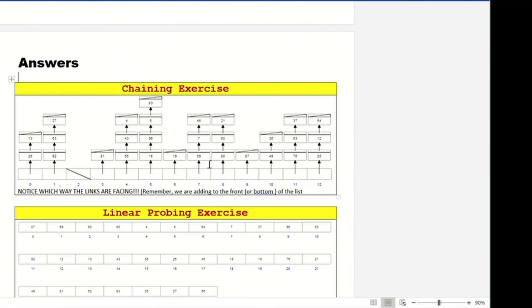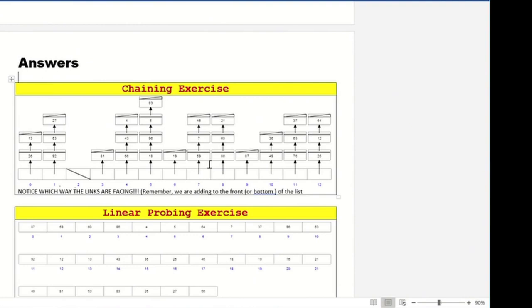Now, I want you to look at the answer that you see in front of you very carefully. Again, I only asked you to do some of the numbers. So does your answer match the one in front of you? Probably not, because you didn't do all the numbers, and that's fine. Here's what I am worried about: if we had a new number that collided at index number 3, and we say collided because there's already one there.